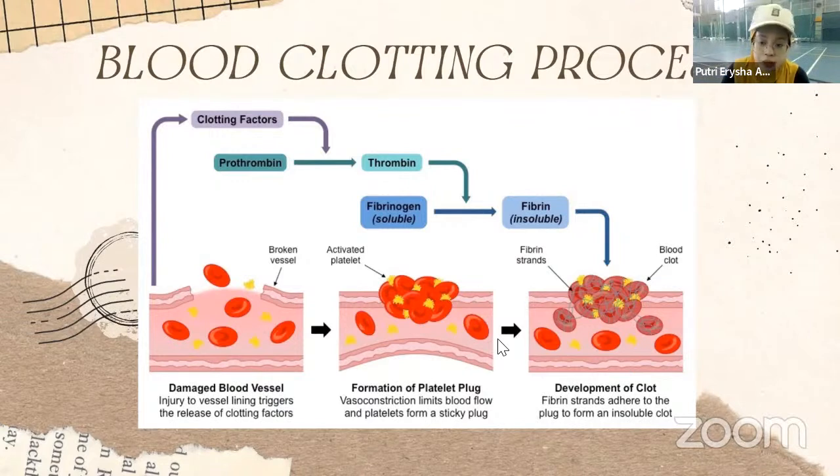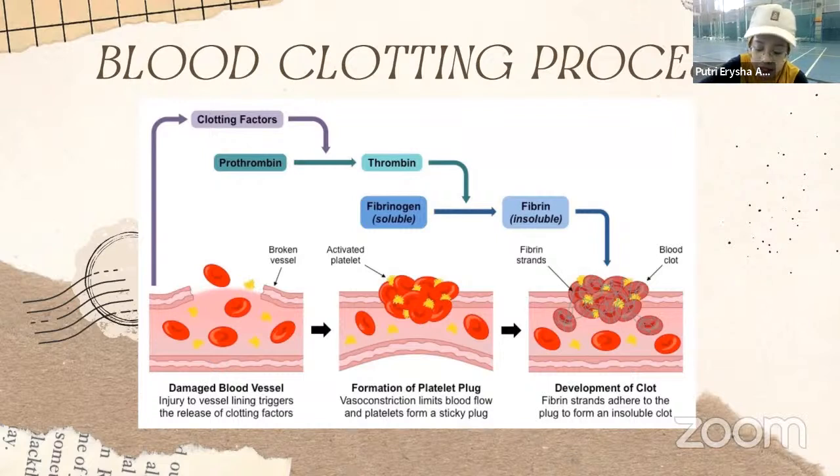Next is the blood clotting process. It has 4 processes: injury, blood vessel constriction, which is vasoconstriction, platelet plug, and also fibrin clot. The first phase is injury, when a blood vessel becomes damaged.